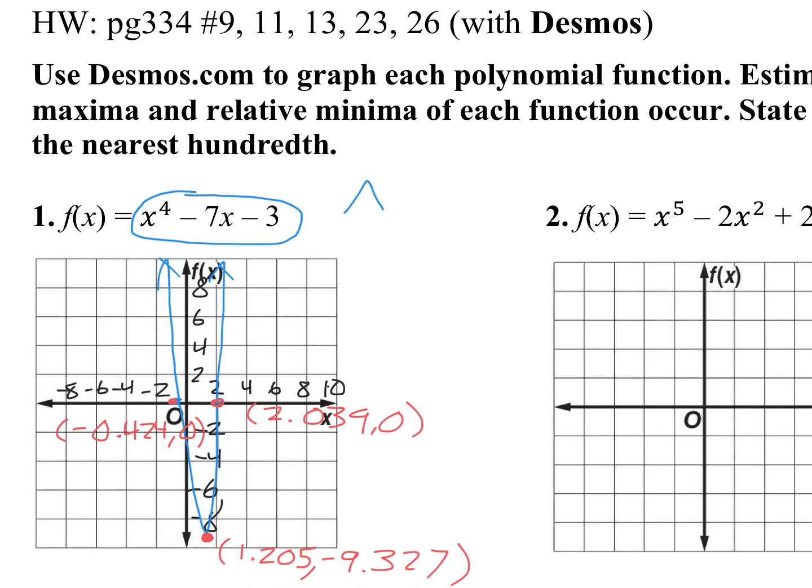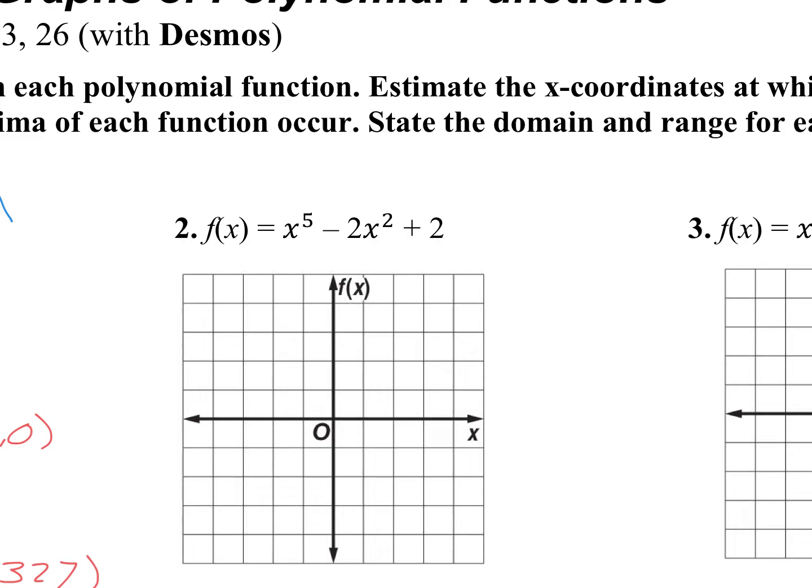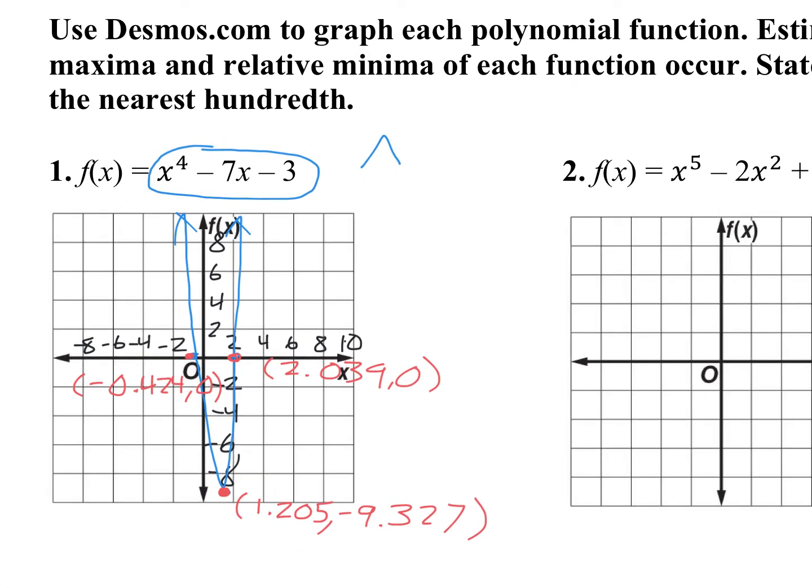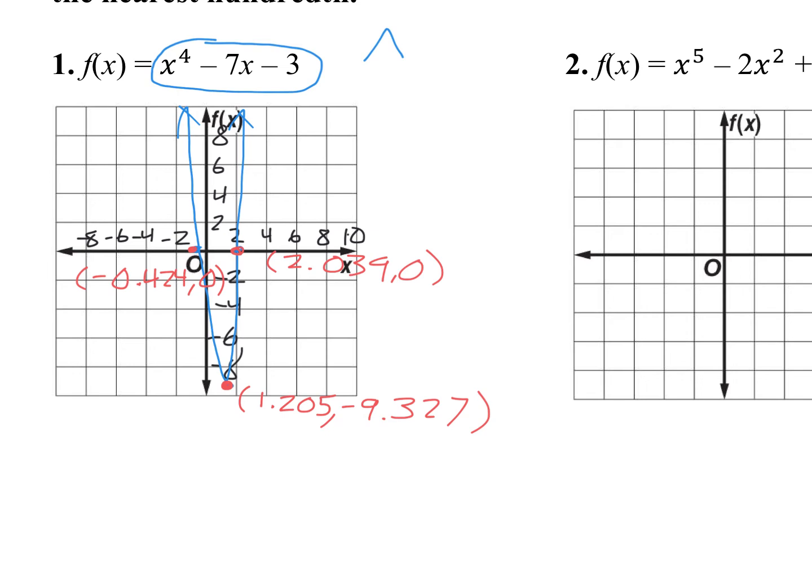All right, so first we have to graph it, which we already did. Then we want to estimate the x coordinates of the relative maxima and relative minima. All right, so since both sides go up, this graph does not have a maximum. Notice there's only one turn also, so it doesn't have a relative max either.